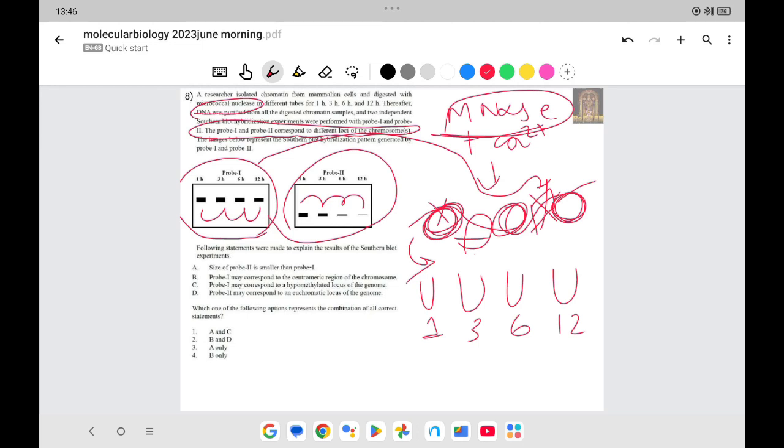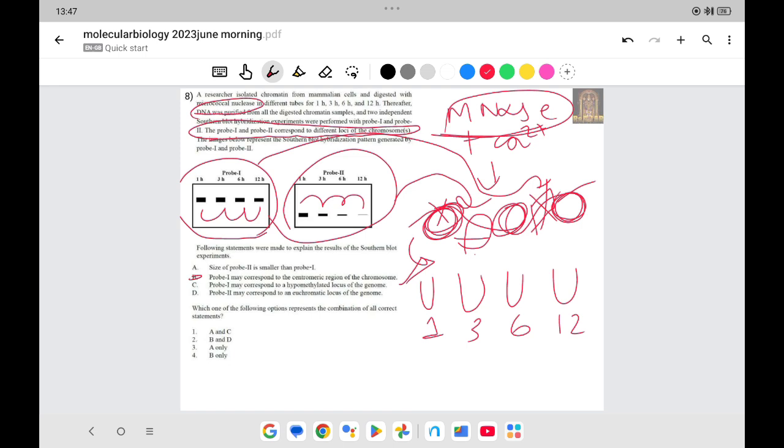So it is not getting its place and is not able to cut. But in the case of probe 2, it might be a freely accessible portion for MNase because depending on the time, it keeps cutting. So in a chromosome, which part is the most condensed? It is the centromere. So the first probe might be representing the centromere of the chromosome. So option B is true.